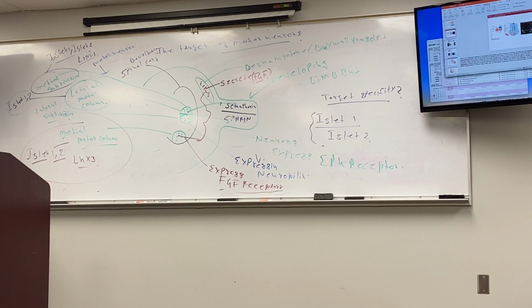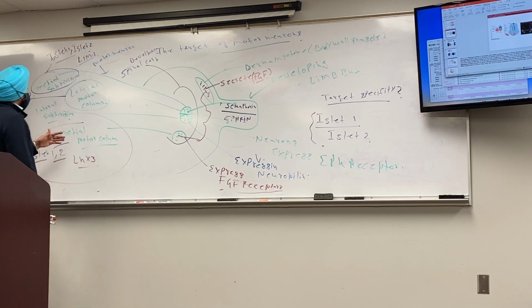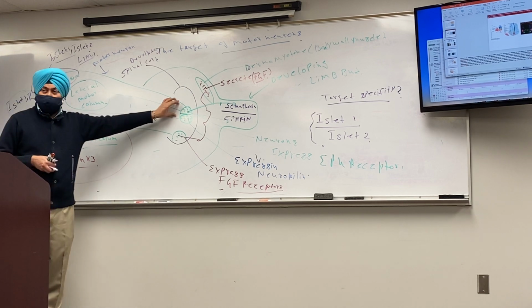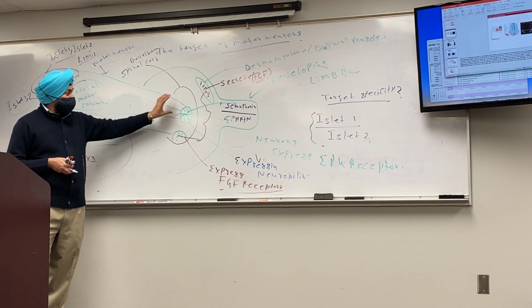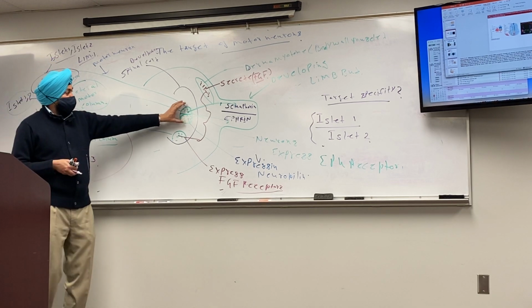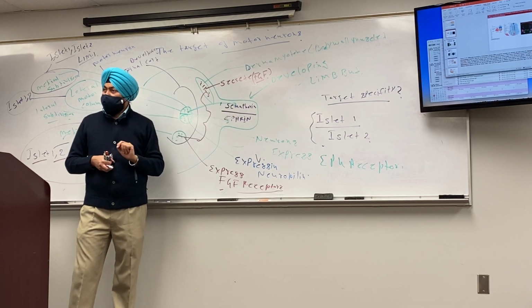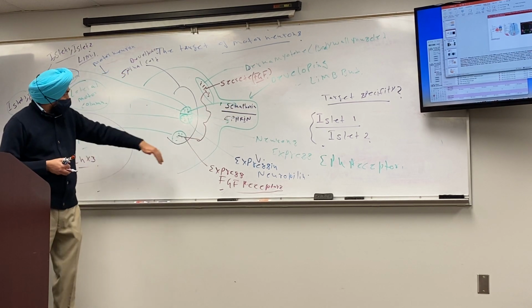Then how that specificity is selected. We gave the example here of the two columns, the lateral motor column and the medial motor column. These neurons of the lateral motor column are specified to go to the developing limb.